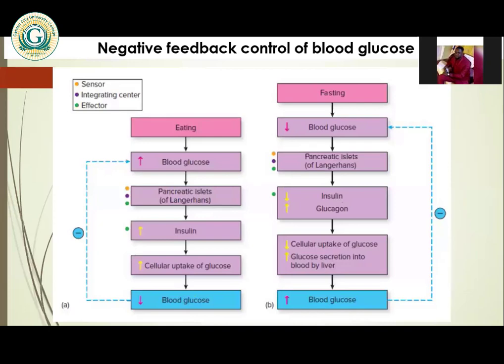The hypothalamus is the integrating center where it integrates the information. Then it brings a response to the pancreas, mainly the pancreatic islets.